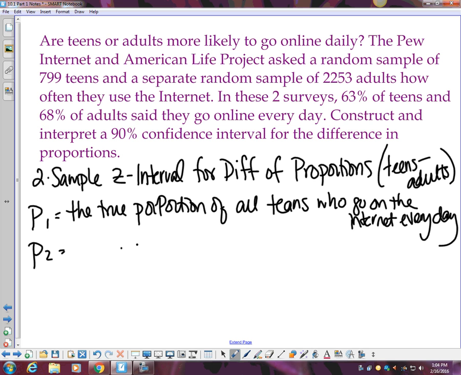And this one is the same thing, but it's adults. Did I miss the word US? It doesn't say US, does it? Okay, so we're just going to go with, it does say American Life Project, but it doesn't specifically say US, so I'm just going to say teens and adults.